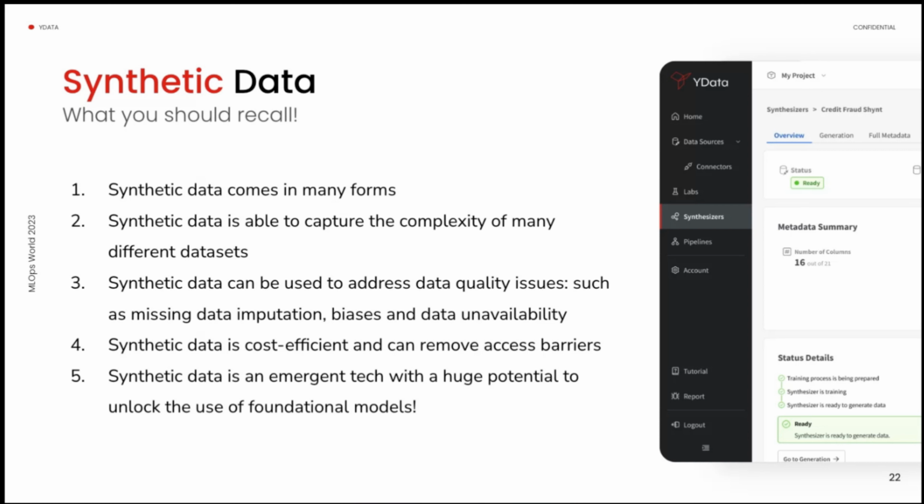In terms of utility, which usually stands for the performance of training a model, for example, on synthetic data and testing it in real life, there are several metrics, but one of the most efficient is the train synthetic test real. That's usually applied by the end of the process.